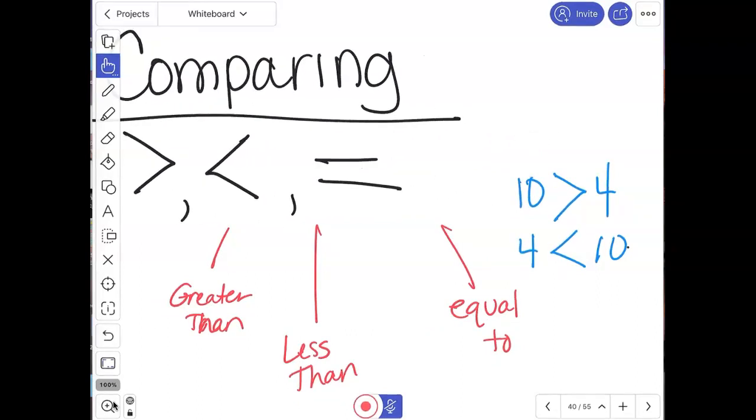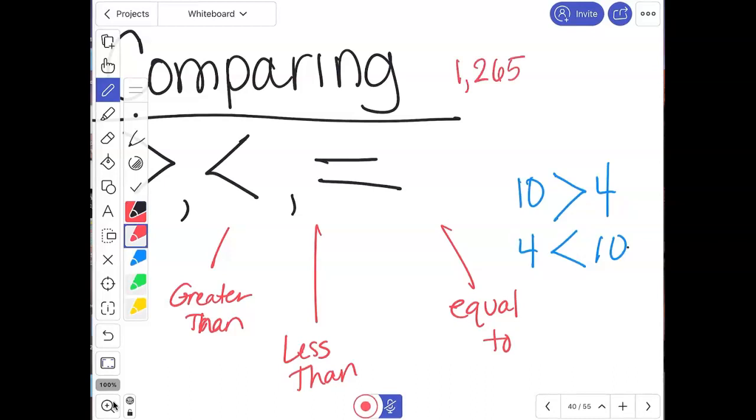For example, we may have, in my class, and I bet you guys did in the other classes as well, maybe comparing a number like 1,265 is less than 3,293, because 1,000 is less than 3,000. So we've compared numbers before. Now what we're going to do is we're going to extend that learning to include our new understanding of fractions.